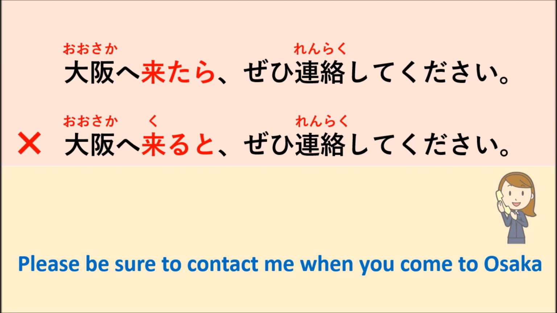Because your friend might contact you, but sometimes your friend is busy and cannot contact you. So this situation might or might not happen, so you cannot use 来ると. Just use たら, because after たら the second action might or might not happen.